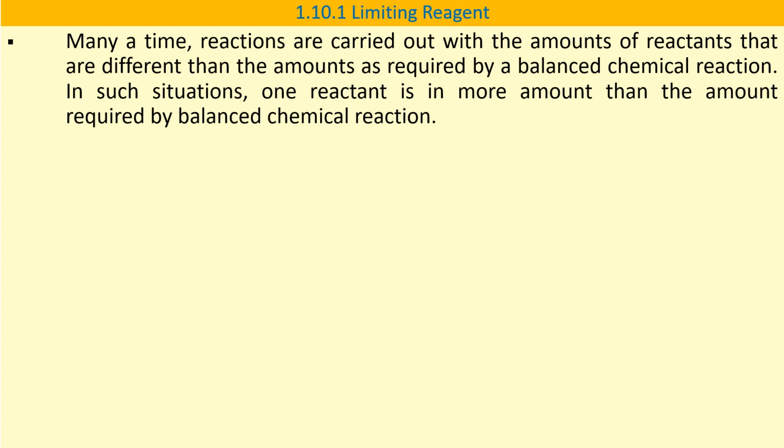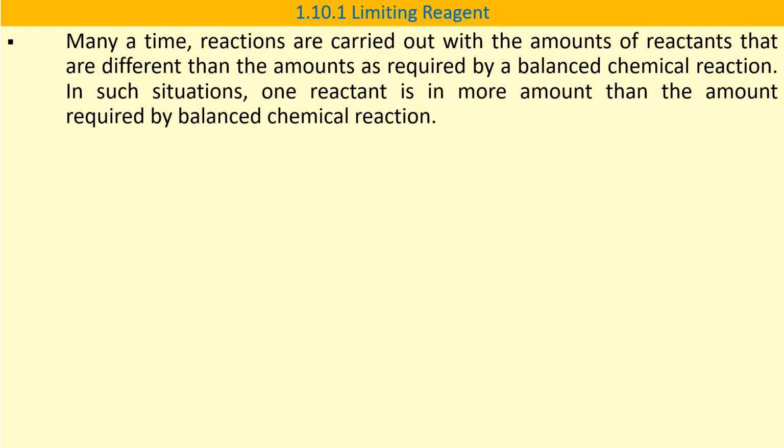That means we are not conducting experiments with exact amounts. Sometimes one reactant will be more and the other may be less. The reactant which is present in the least amount gets consumed after some time, and after that further reaction does not take place, whatever may be the amount of the other reactant.